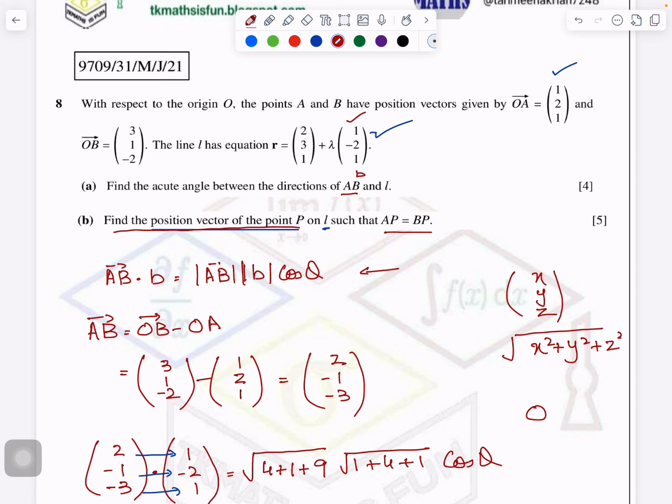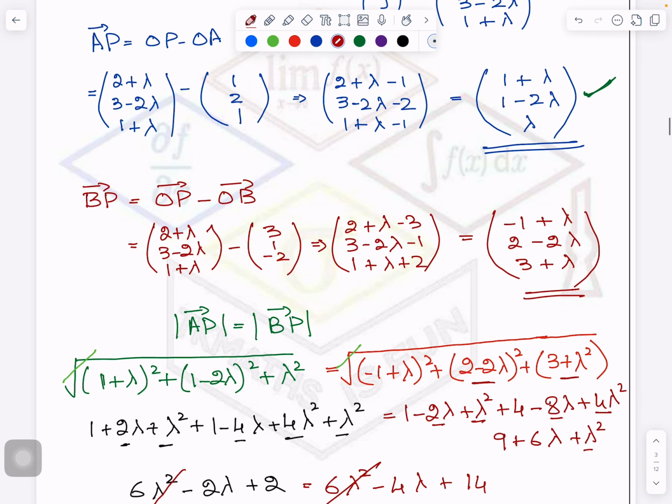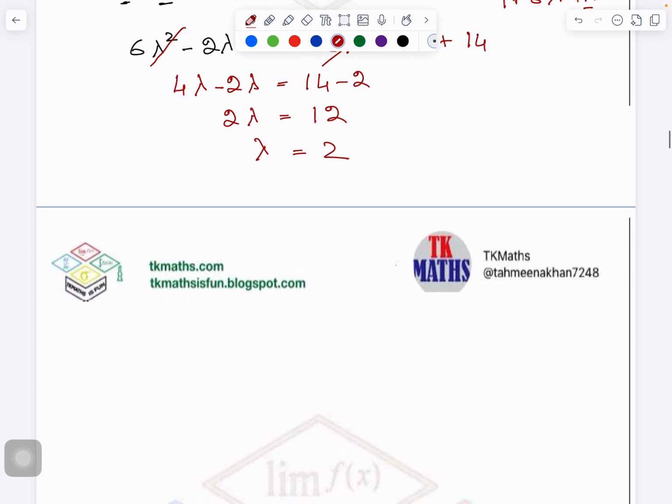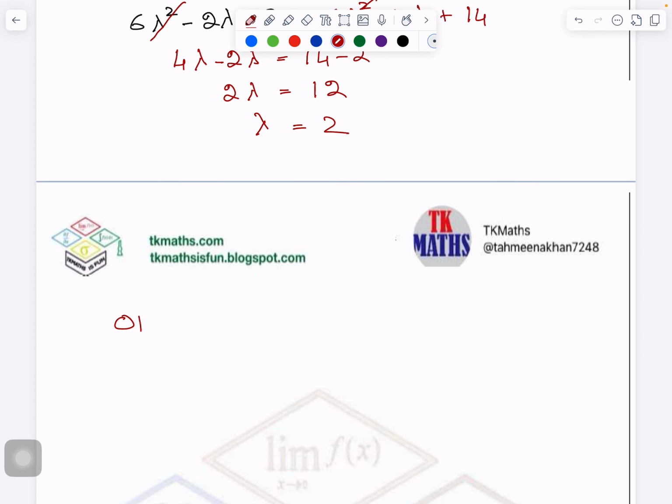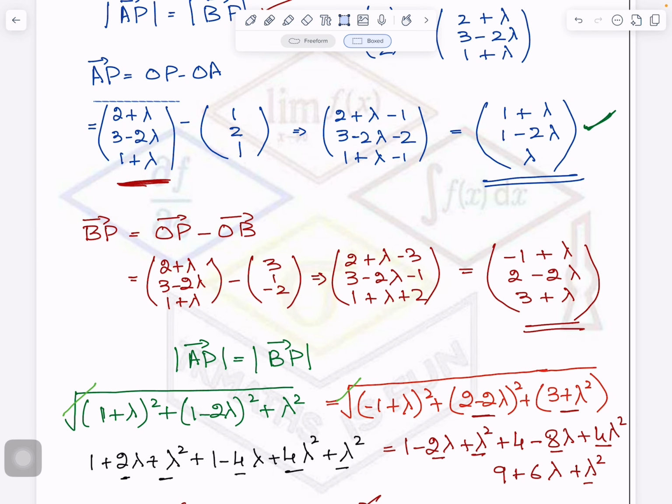It means you have to find out what? OP. Okay. So OP we already have here. Can you see? This one was OP. So I'm going to substitute the value of lambda in this. So OP is equal to, let me cut paste straight away rather than keep writing here.